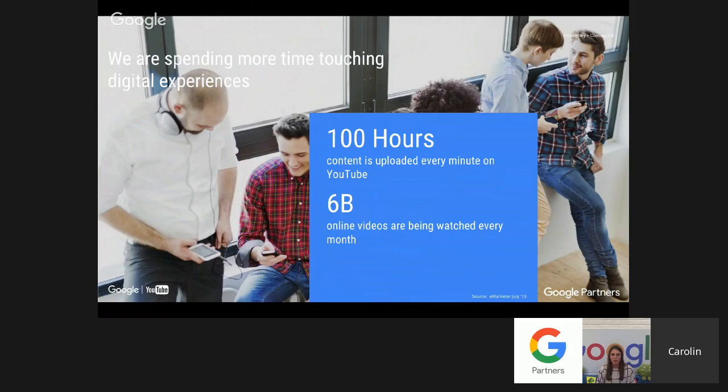On average, approximately 100 hours of content is uploaded to YouTube every minute, representing a large repository of available videos for a user to watch. 6 billion online videos are actually being watched every month. This obviously represents a large opportunity for businesses to get in front of users. However, at the same time, brands can get lost amongst a large repository of information. So, how does a brand make sure that advertising is driving impact?